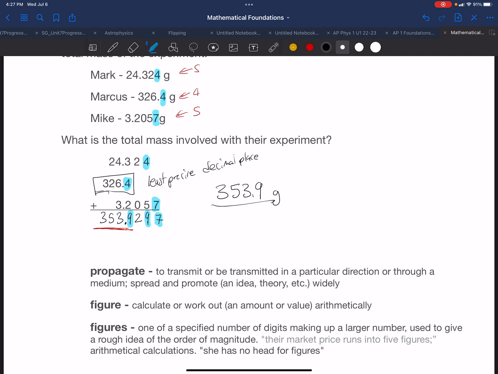It's determined by the least precise. And if we look at the numbers here, this 3 and this 5 and this 3 we're all sure of.